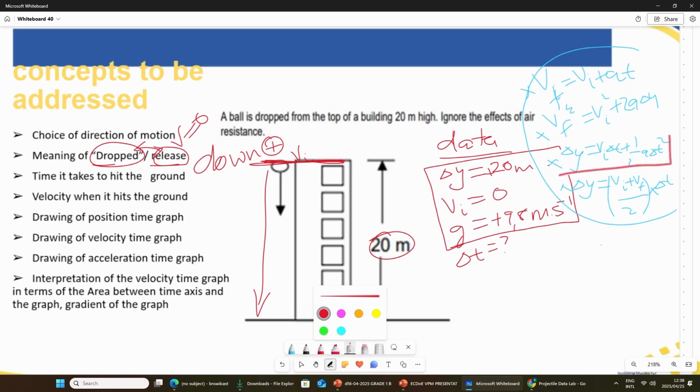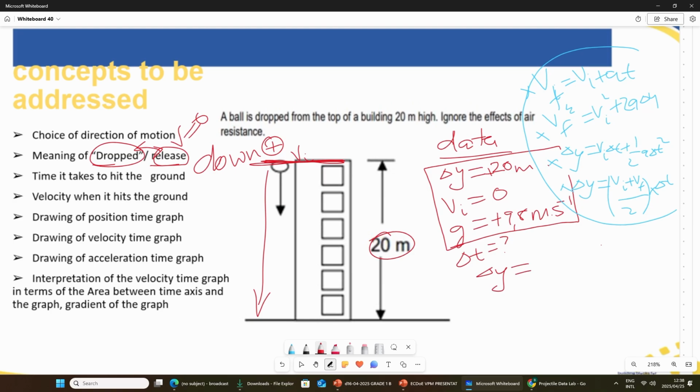That means we can use our third equation to calculate the time, because the delta y, the initial velocity, and the acceleration are all known. So now we can calculate our time. Let's do that now.